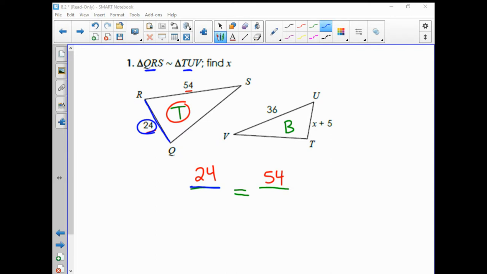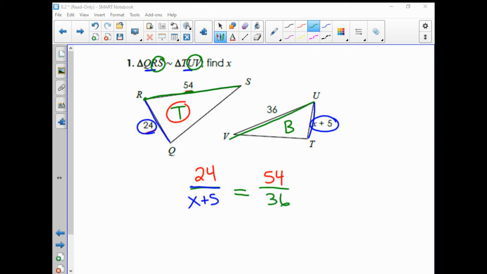So the side between T and U, this side right here, so that X plus 5 is going to go right underneath that. Okay, then you're going to do the same thing with this 54. Now 54, notice this is the side between R and S. Those are your last two. So they're going to line up with the last two in the other triangle, which is UV, or that 36.